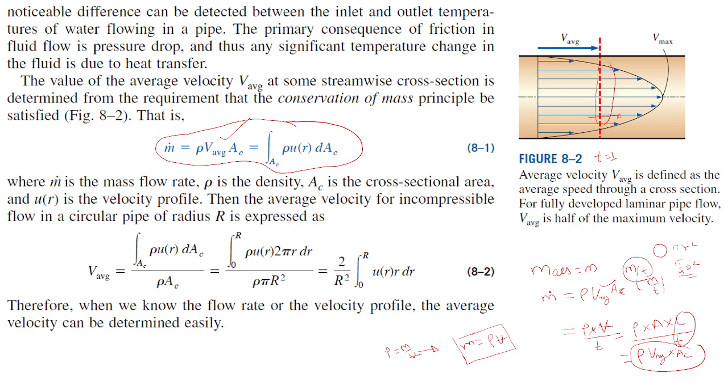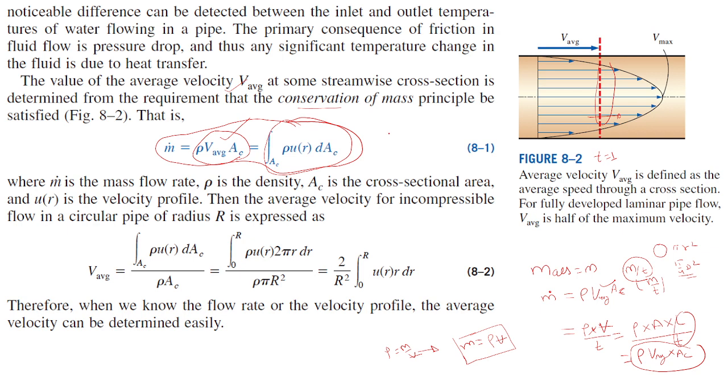The value of average velocity, V average, at some streamwise cross section is determined from the requirement that the conservation of mass principle be satisfied. This means this much mass flow rate is going and this much mass flow. Actually, it is written in the integration form.